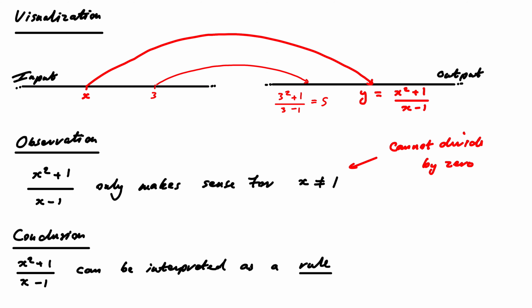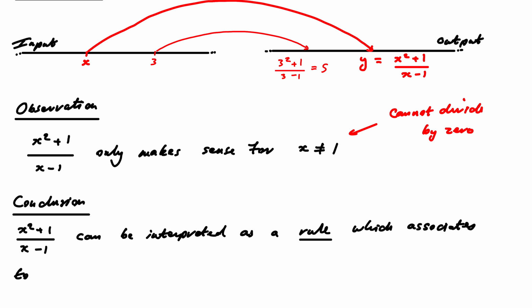like some sort of recipe if you want, some specific thing that does something, which associates to any number, let's say x, in, well, I can't just choose any real number, so I've got to write down the real numbers excluding 1. So let's write it like this. This is a bit of a cumbersome way to do it.